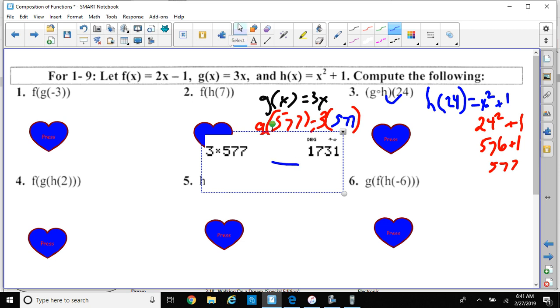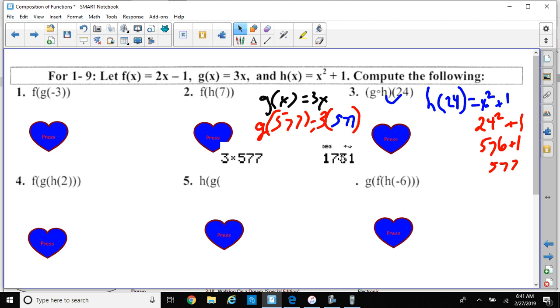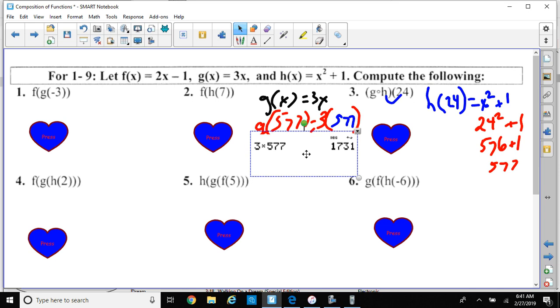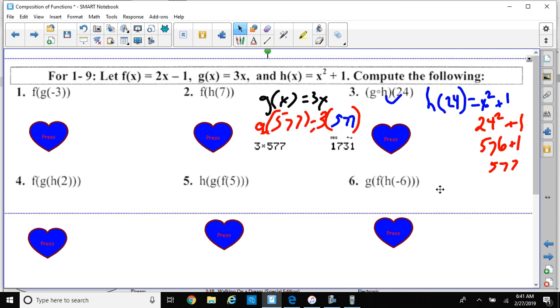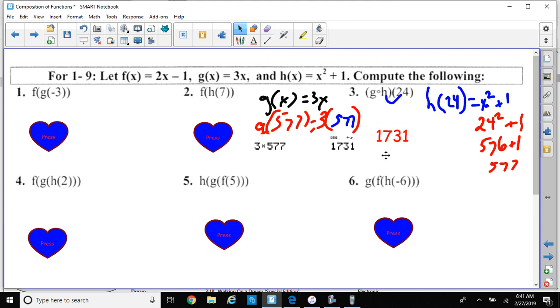All right, let's erase that. Man, big number. So g of h of x, g of h of 24, sorry, is 1731. And there we have it.